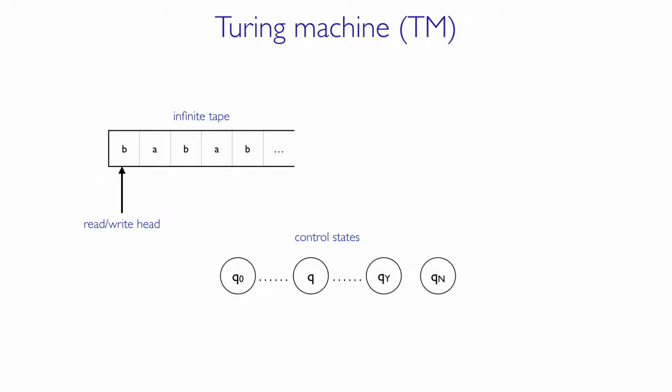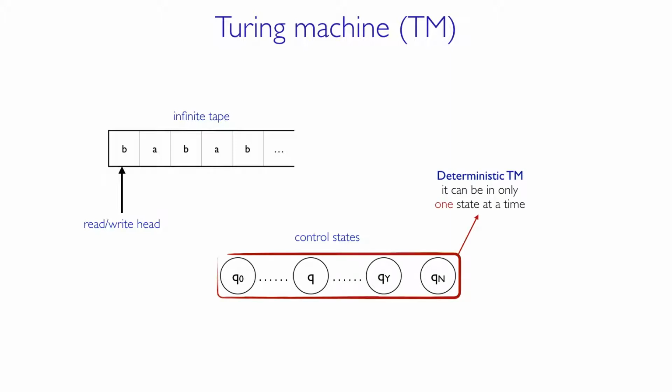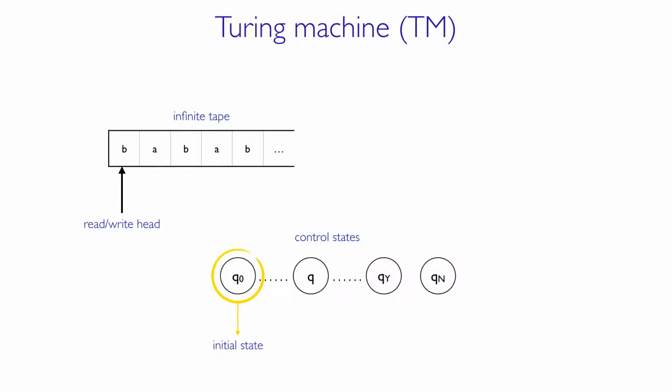The Turing machine is controlled by an internal processing unit, which is defined by two elements. The first one is a finite set of states. The Turing machines that we are discussing here can be in only one state at a time. For this reason, they are said to be deterministic. There is a special state called the initial state, and it is the one where the machine begins its computation.